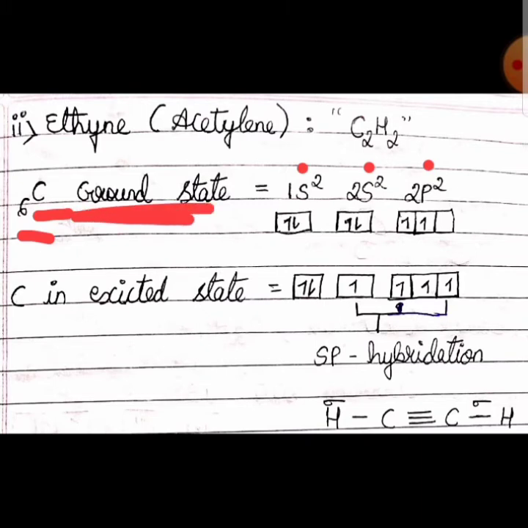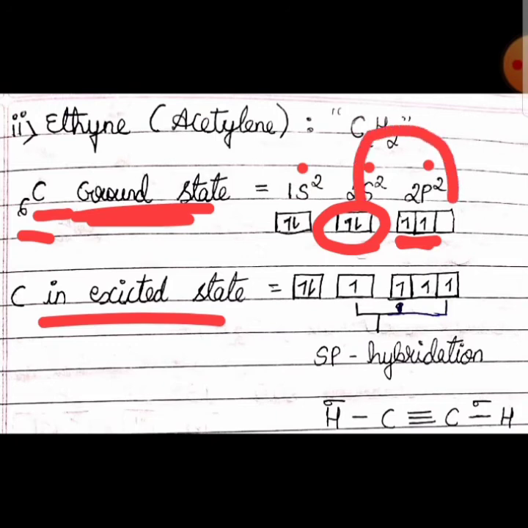In the ground state you can find only 2 unpaired electrons in carbon, but in the excited state the paired electron of the 2s orbital becomes unpaired and 1 electron shifts to the empty p orbital.